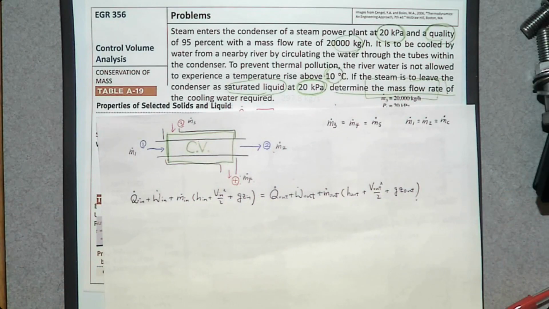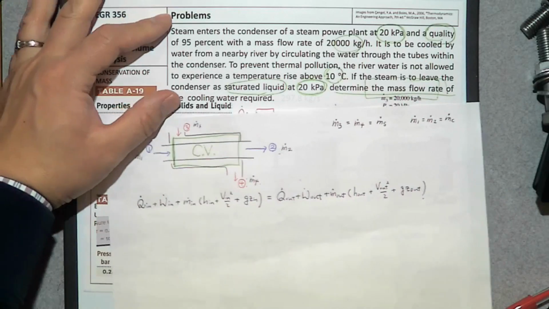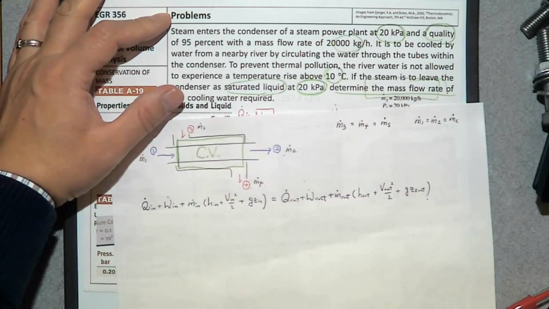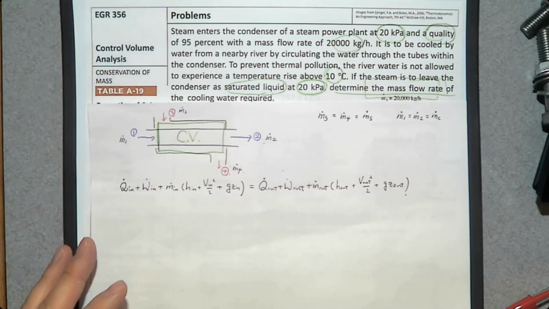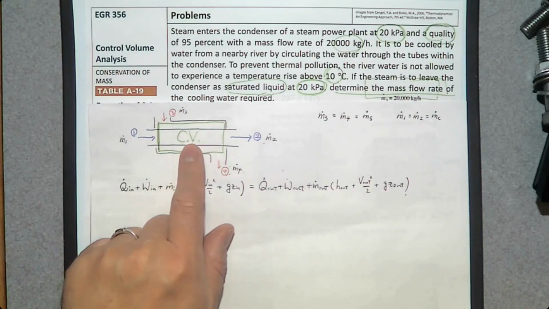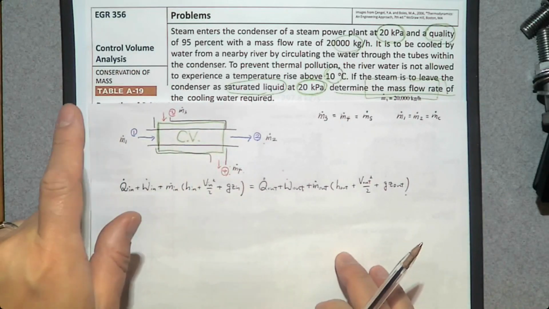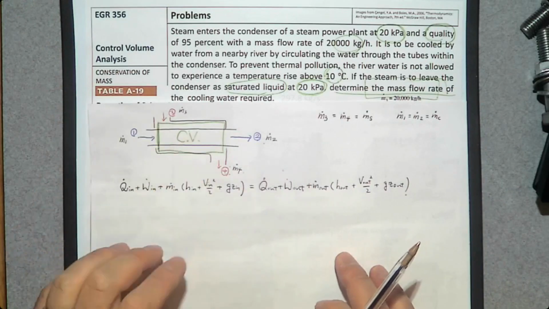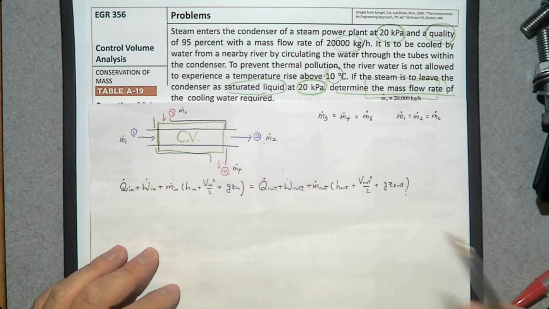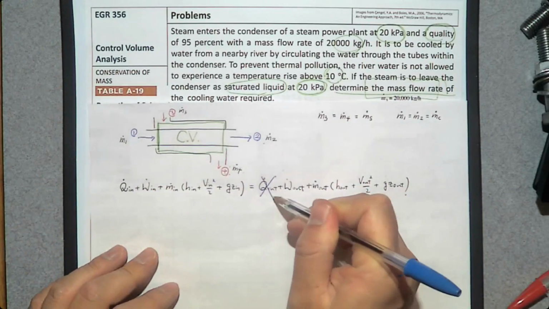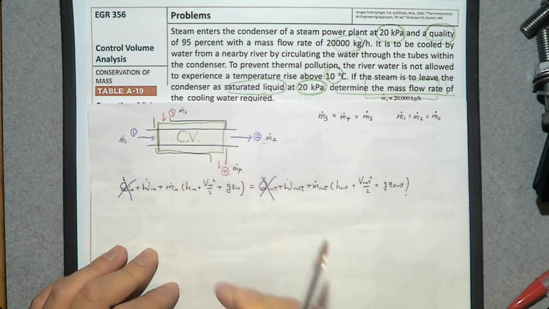So let's see how we can change this general energy balance equation for this heat exchanger. First of all, there's no information about heat loss, so you can neglect any heat transfer from this control volume to the outside, or from the outside to this control volume. So that means we can neglect Q in and Q out.